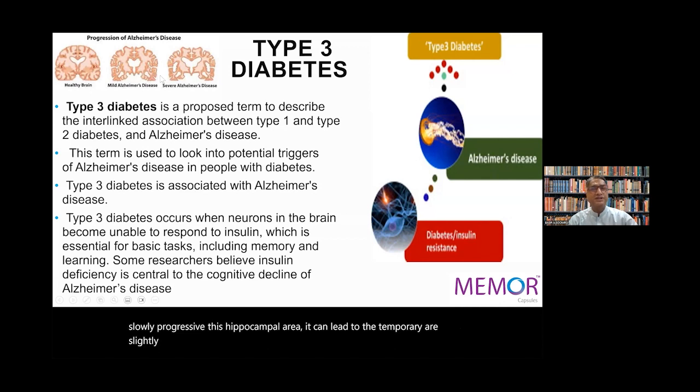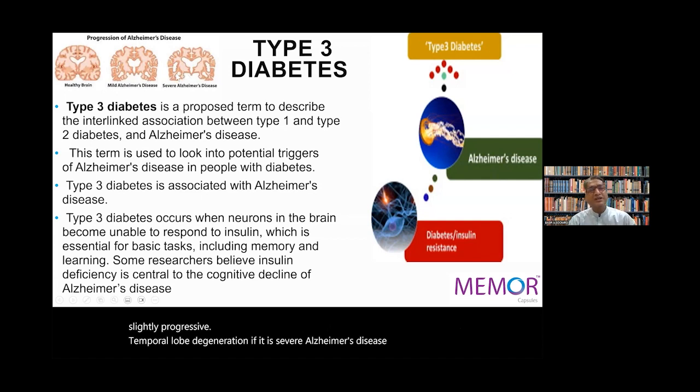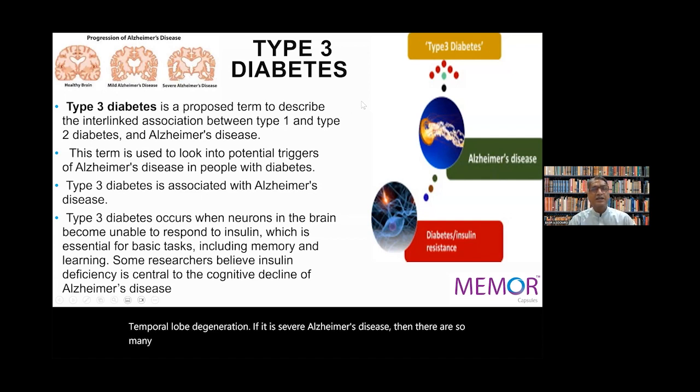So somebody who is slowly and progressively losing this hippocampal area can have temporal lobe degeneration. If it is severe Alzheimer's disease, then there are so many faculties of the brain, and you lose the functionality of the body. So I characterize this Alzheimer's disease as stage 1, which is slight memory loss, and stage 2, when inhibition is lost, leading to behavioral changes along with memory loss.